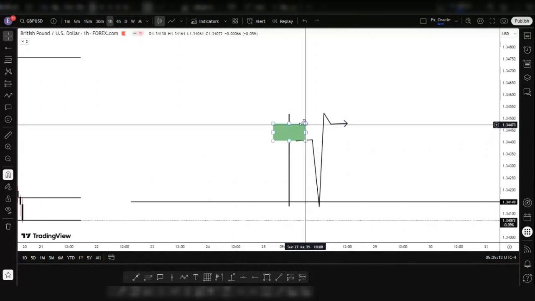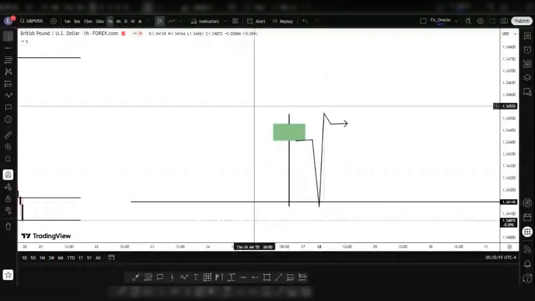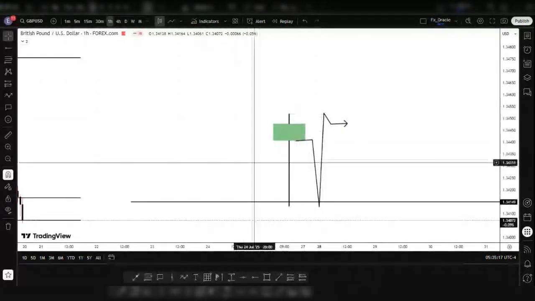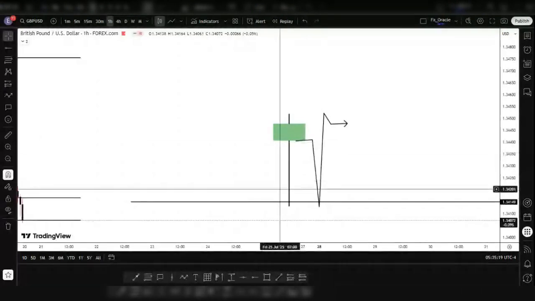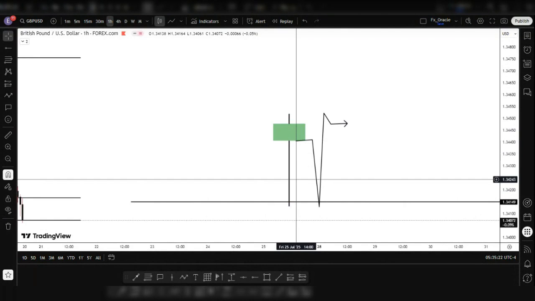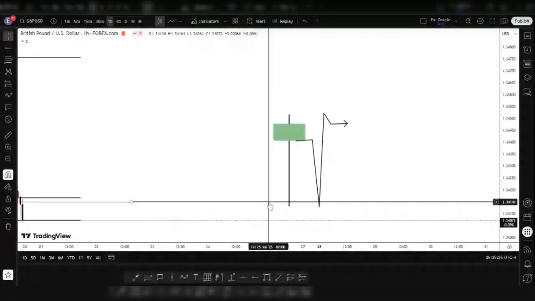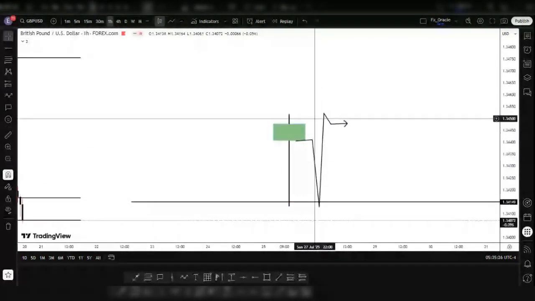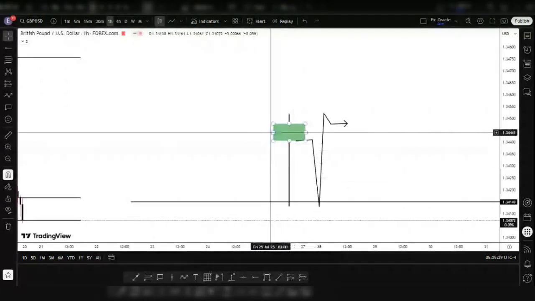So once you see a pin bar, you don't just look for it anywhere. You look for it at your key level. If you are looking for buys and you see this candle on your support level, then you can start anticipating buys. A reversal is about to come in.